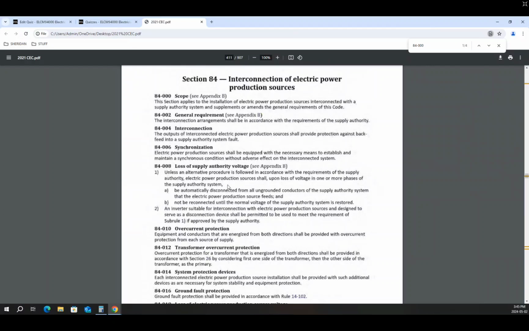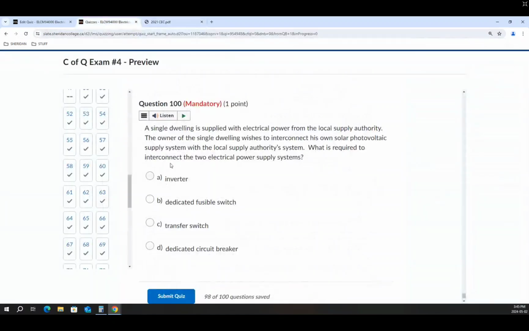Electric power production sources shall, upon loss of voltage in one or more phases, be automatically disconnected, not reconnected. An inverter suitable for the interconnection of electrical power production and designed to service a disconnection device shall be permitted to be used to meet the requirement of this. So I'm going to say inverter.